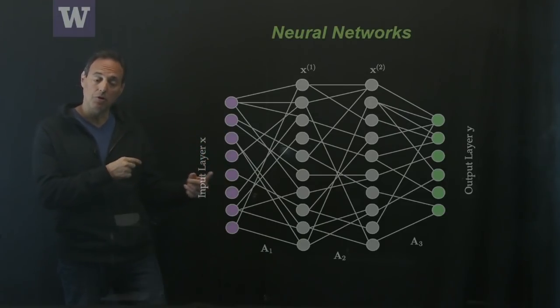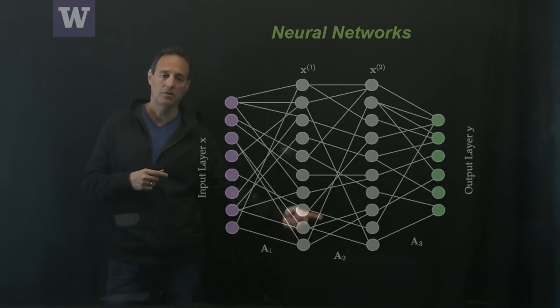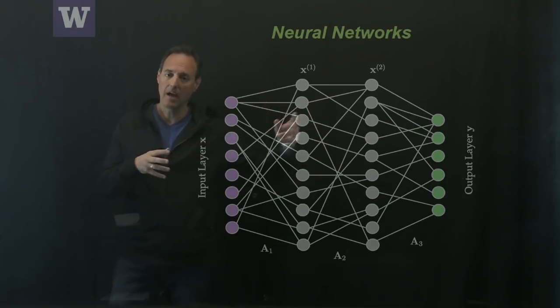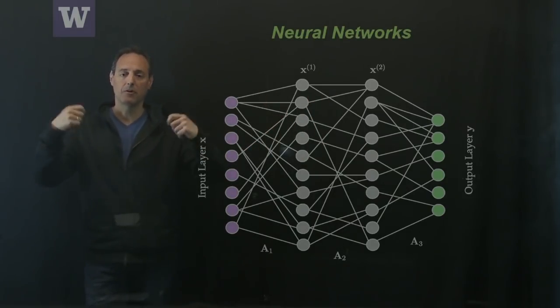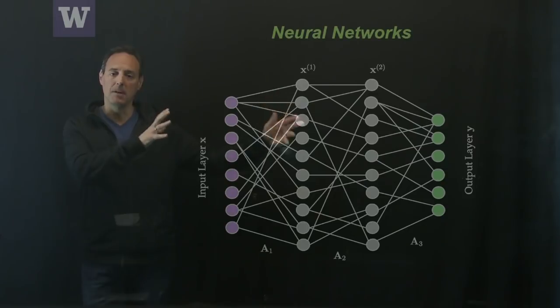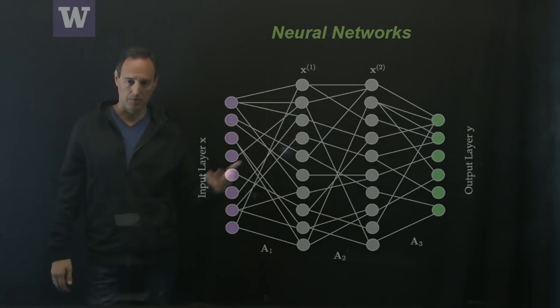What you were to do is train the weights, A1, A2, A3, or however many layers you have. Your goal is to pick those weights so that you minimize the error in the classification between the input and the output. That's what ImageNet was able to do, and it produced transformative performance gains.